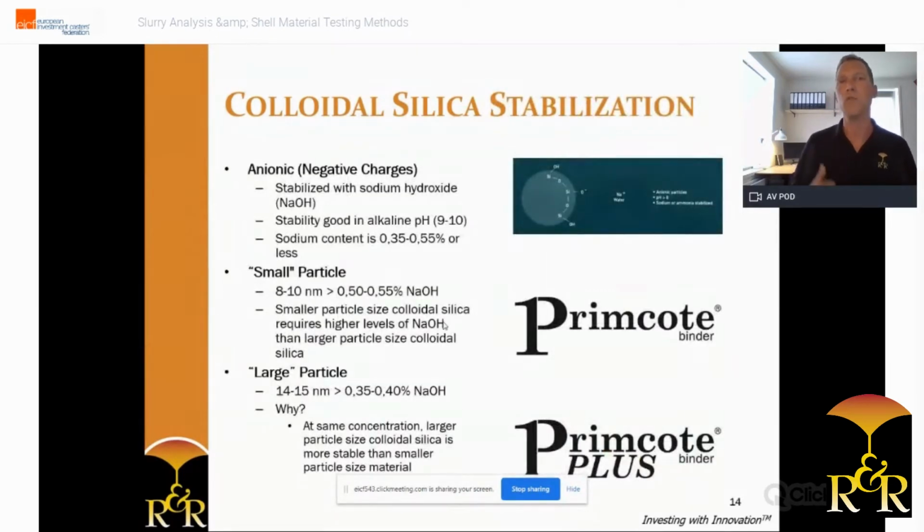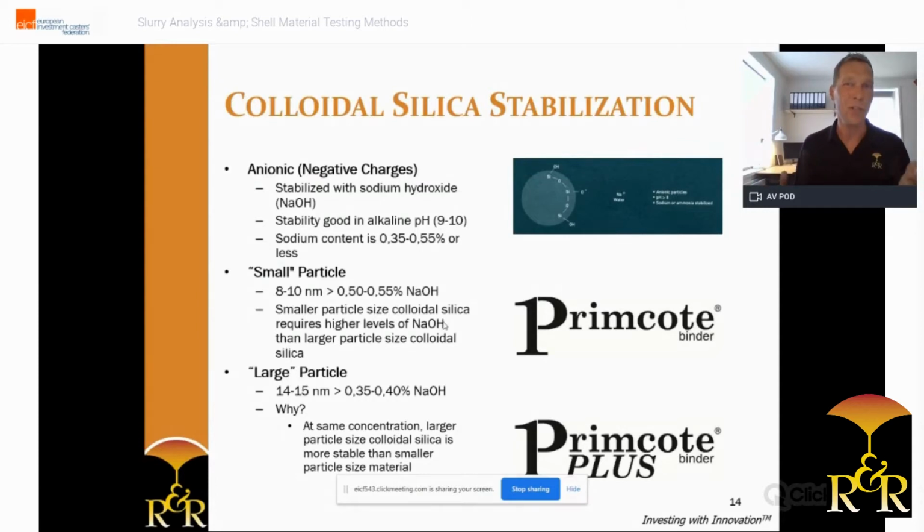There are different ways to stabilize a colloidal with this negative charge around the particle. The most common is the use of the alkaline sodium hydroxide ion, which gives a very good stability of the colloidal when the pH is kept between 9 and 10. The particle size of the colloidal also influences the stability, because a small particle of 8 to 10 nanometers comes, of course, with a greater surface area.